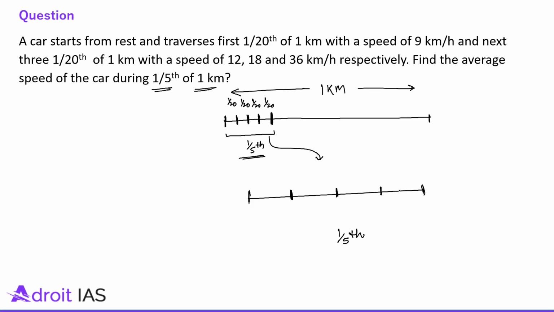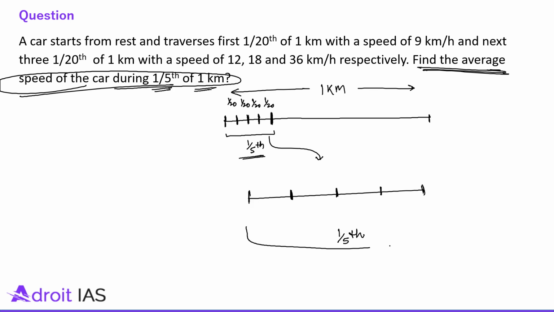Because in the question, they are asking to find the average speed of the car during 1/5 of a kilometer. Only for this first 1/5 part they are asking the average speed, not for the other one. And obviously for that part nothing is given, so you can't find it.